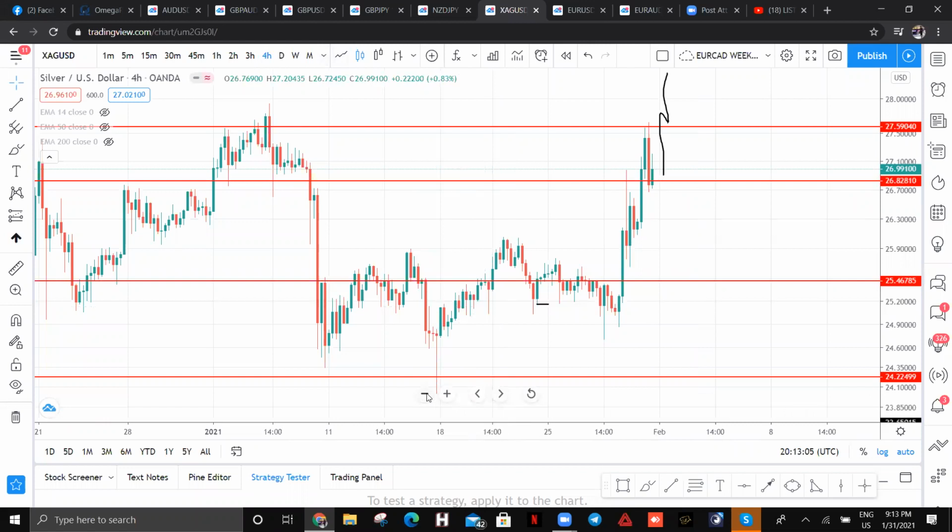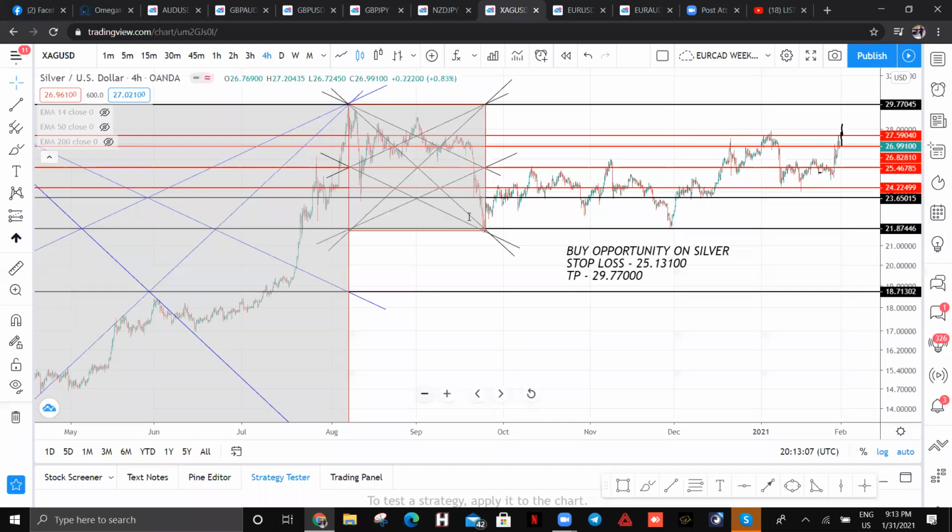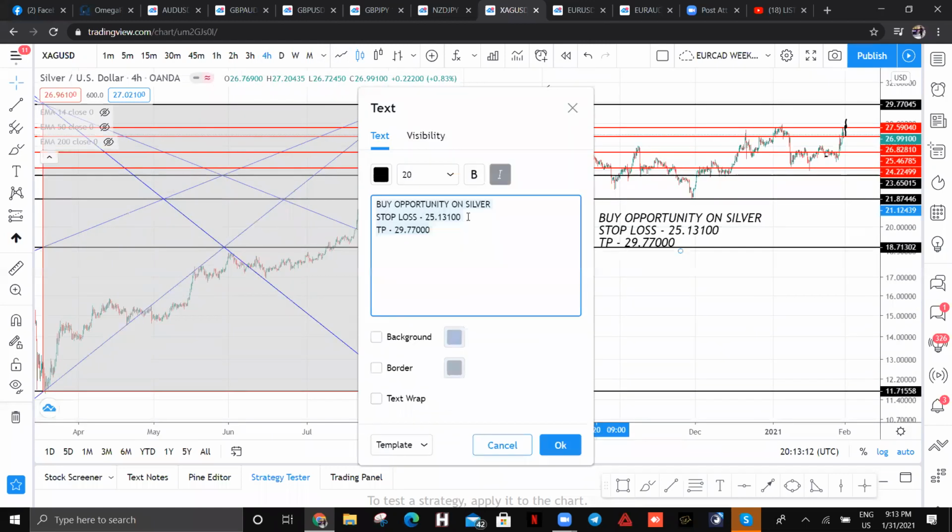This is just a recap. So your stop loss will be, you can't have it big this way because this is long, 26,640.00. This is your TP.